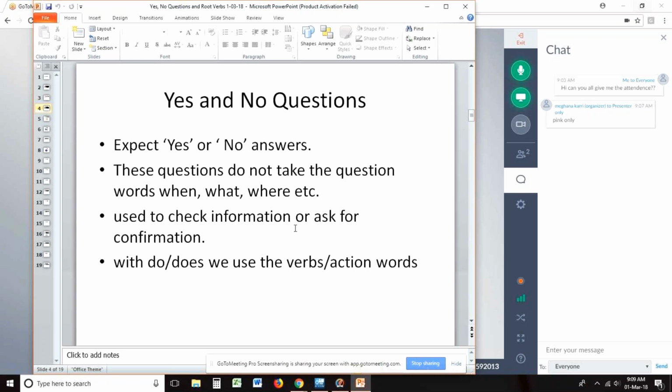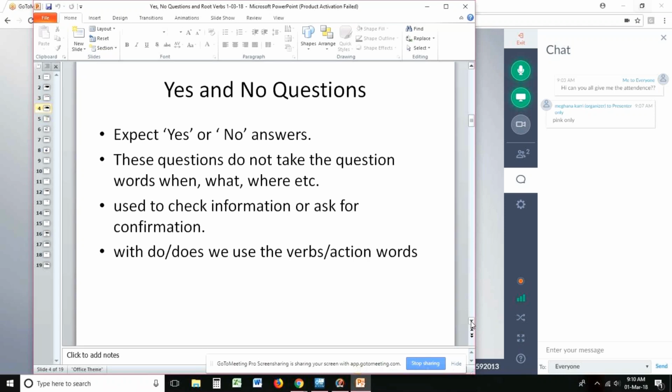With do or does, when you want to talk about an action, you use do or does. So now you had been told how to pose questions to someone, how to describe a particular thing using questions and all those things. Now let's go through it again, and let's play a small game.